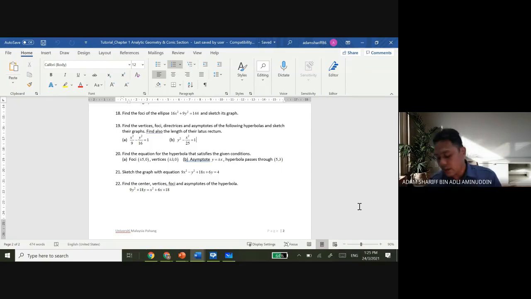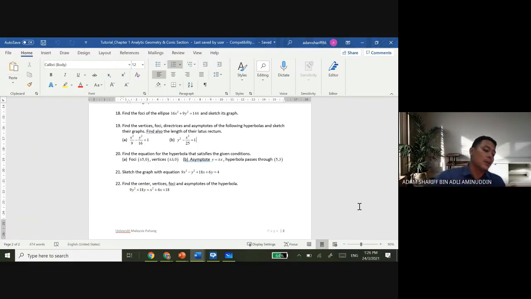Can I normalize it? Over 9, over 4, over 4. So we divide by 9 on top and bottom: (x plus 1) squared over 4 over 9, minus (y minus 3) squared over 4, equals 1.